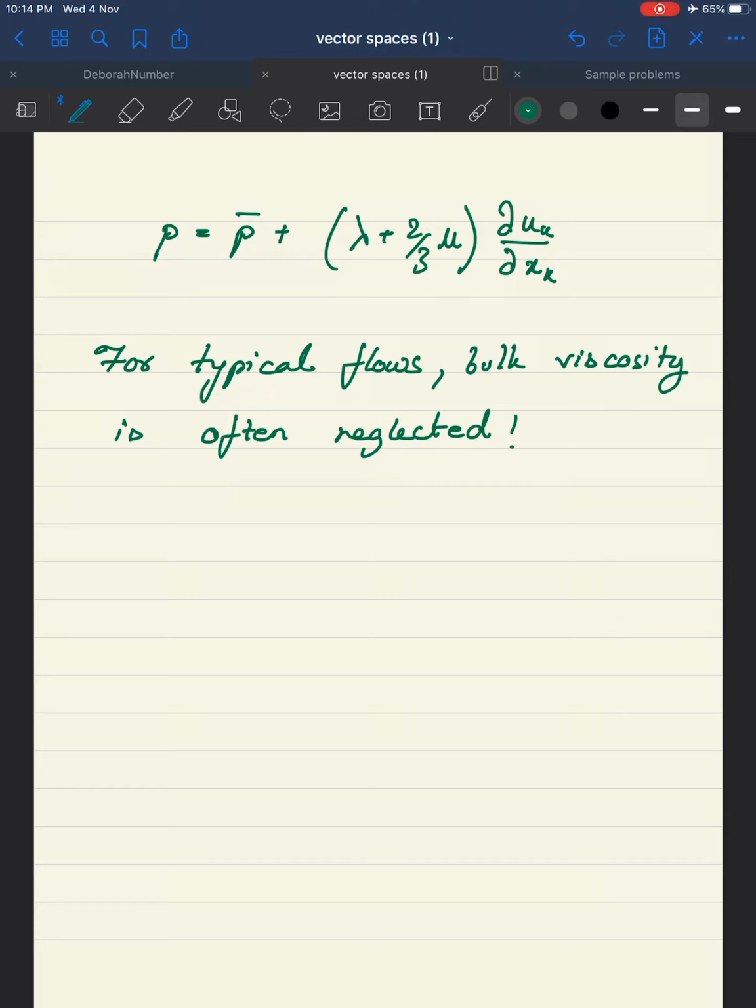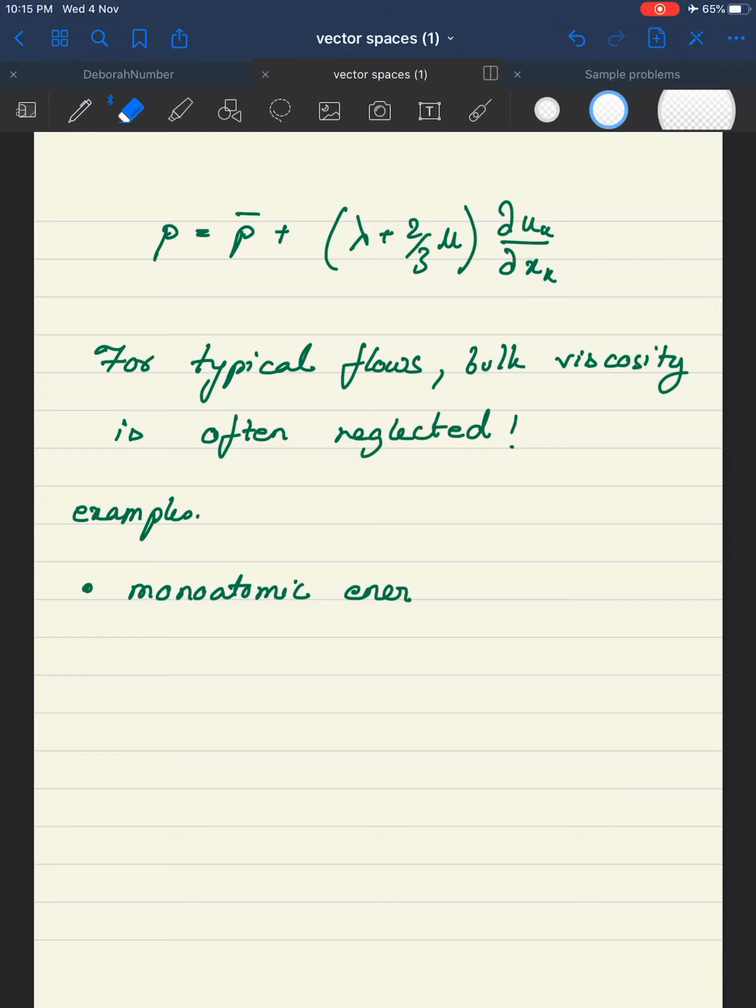Examples are monoatomic gases, where the only energy mode is the translational mode. So when you have monoatomic gases, this K term is equal to 0, and this implies that the thermodynamic pressure and the mechanical pressure that we have defined are the same.